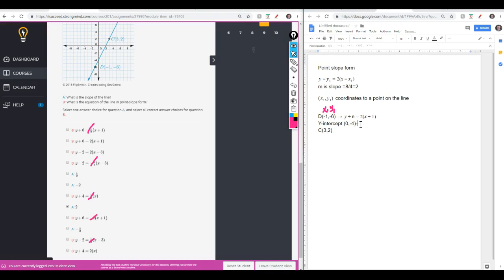For that point, for the y-intercept, we have that this is our x1 and this is our y1. So y1 is going to be replaced with -4. And again, we have y minus a -4, so that's going to be rewritten as +4.